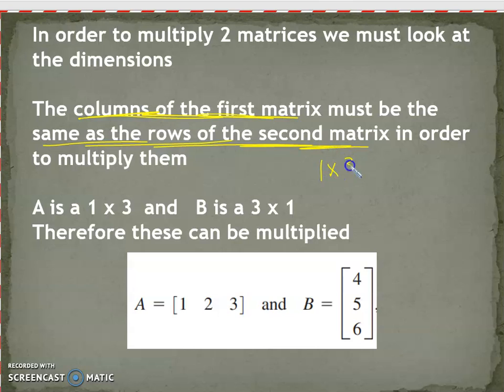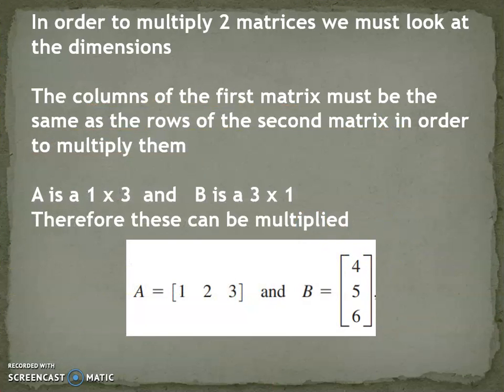But if we have a 1/3 and a 3/1, this tells you that we can multiply. These have to be the same. And then these outsides tell you your solution matrix. How big is it? So our solution for this one yesterday when we did it was a 1/1. Okay? But the middle has to be the same dimension.